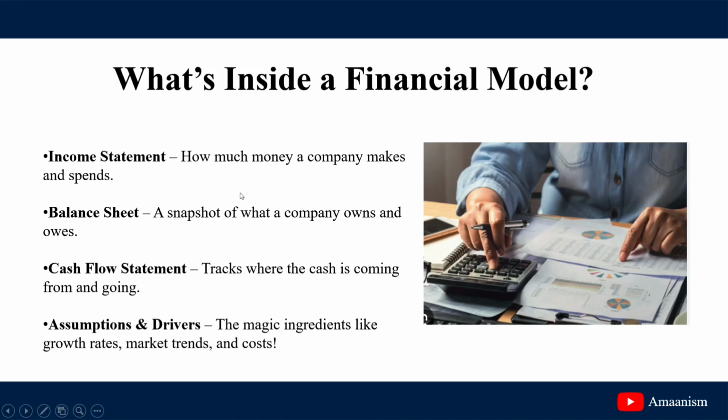The second one is the balance sheet. The balance sheet is basically where you list all of your assets and the liabilities of the business. For example, if you have a loan for your business, you will list that loan here.